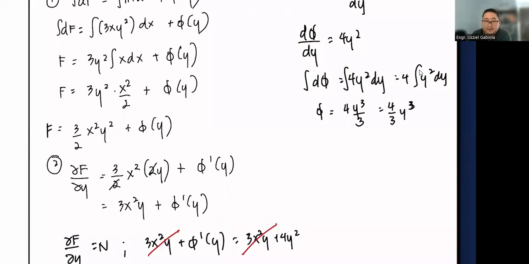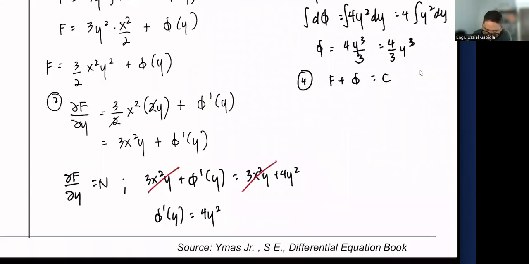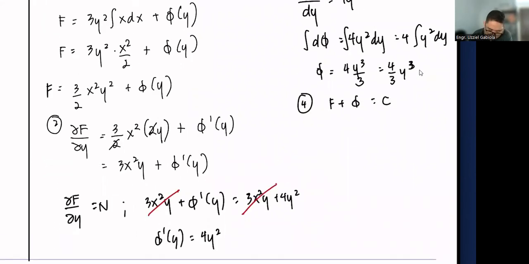And so last step natin, yung fourth step natin is f plus phi is equals to c. Ang f natin is ito, and itong phi na to. So, 3/2 x squared y squared plus yung phi natin is 4/3 y cube is equals to c.